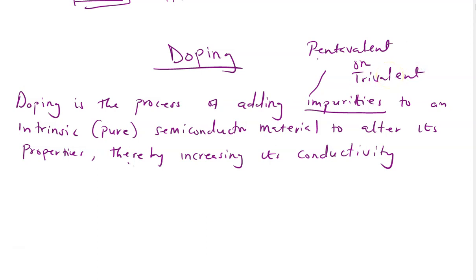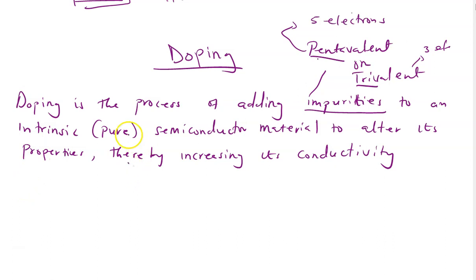By this time, you should know what a pentavalent element is. When you say a pentavalent element, there are elements that have 5 electrons at their atomic shell. And trivalents are elements that have 3 electrons at their atomic shell.